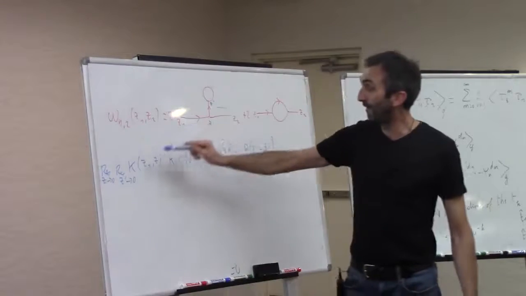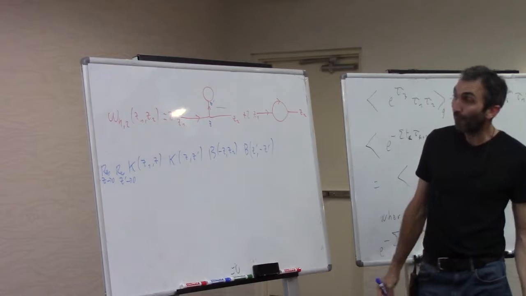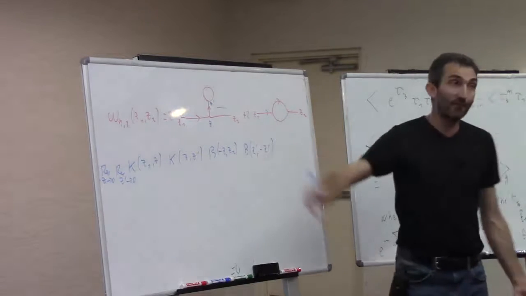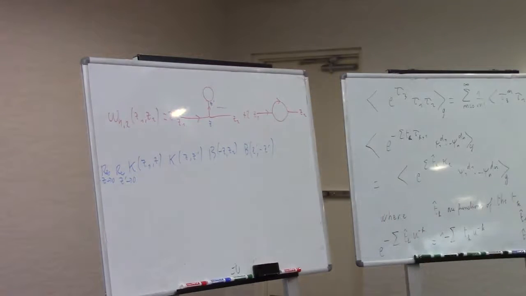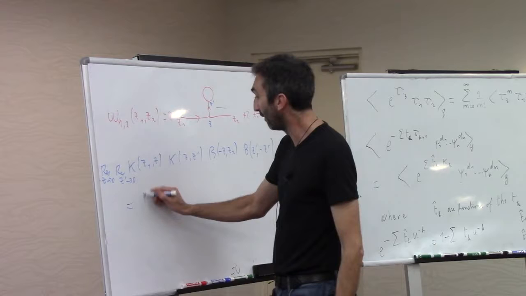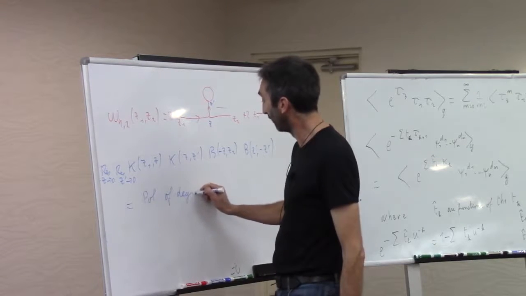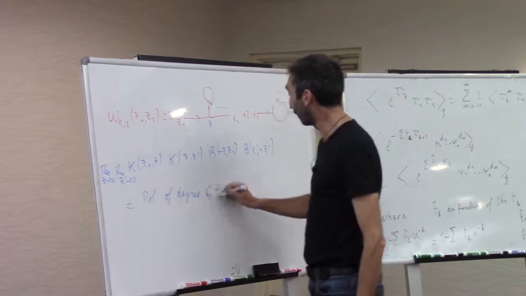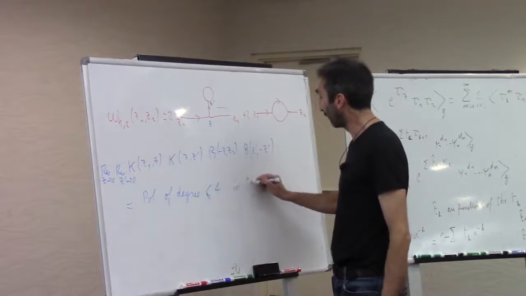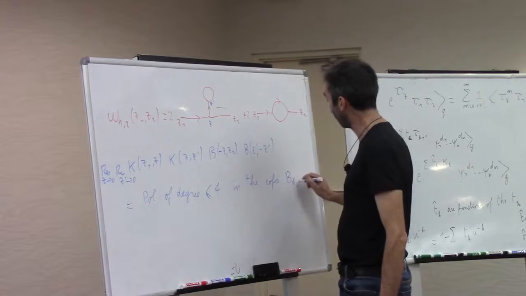They appear here in the numerator, here, here, and here. Which means that the result of this residue will be typically a polynomial of degree at most 4 in the coefficients B_kl.